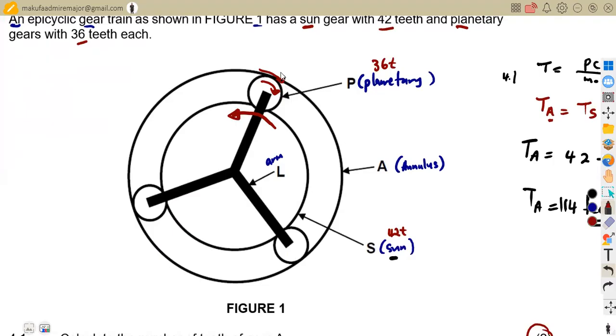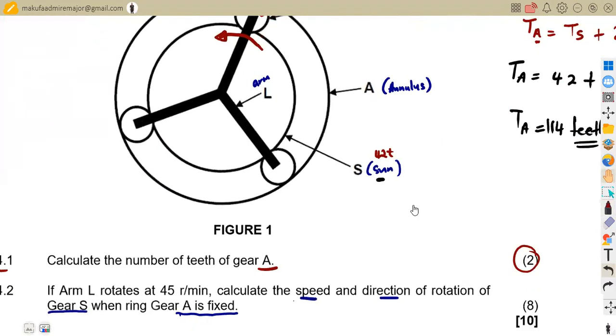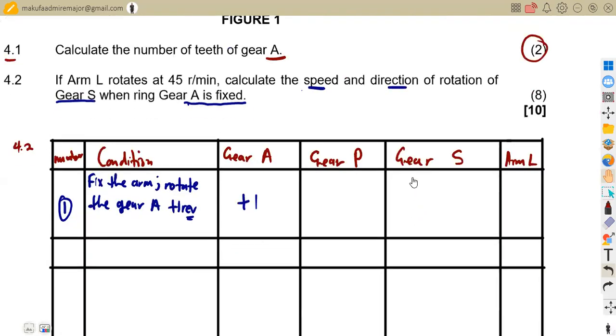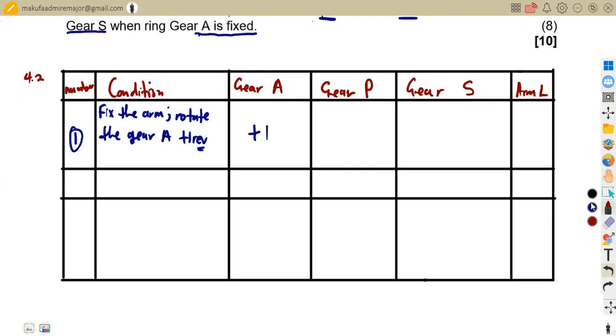So meaning to say here, the driven, which is the planetary, in this case, we are referring to the annulus over the planetary, all right? So it's gonna be positive because it's going clockwise, positive, positive. So meaning here, we shall have TA in this case, which is the driven over the driver, both being positive, all right, over TP.